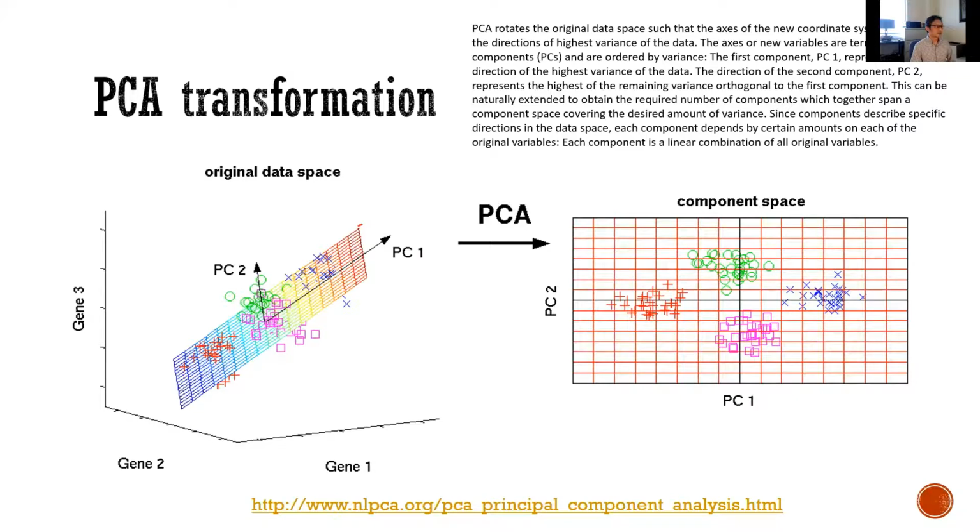The selection of this new coordinate system, which is defined by PC1, gives you the layout of your data points and shows the largest variability among them.